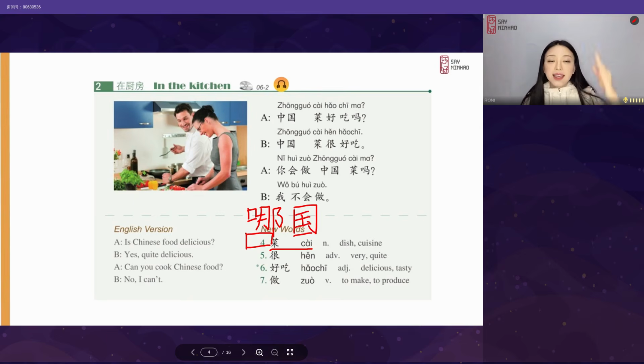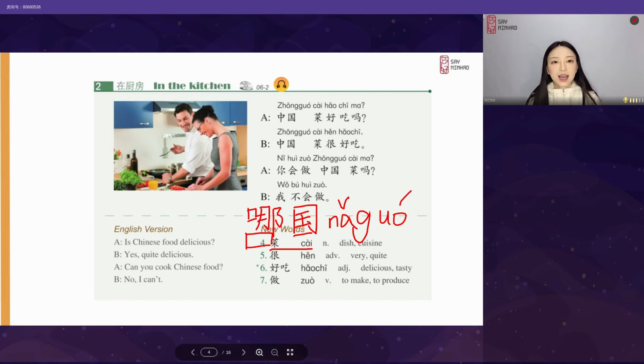Read after me. 哪国菜, 哪国菜. Okay, this is the question about how to ask which country's dish. So how to say, which country's dish do you eat?